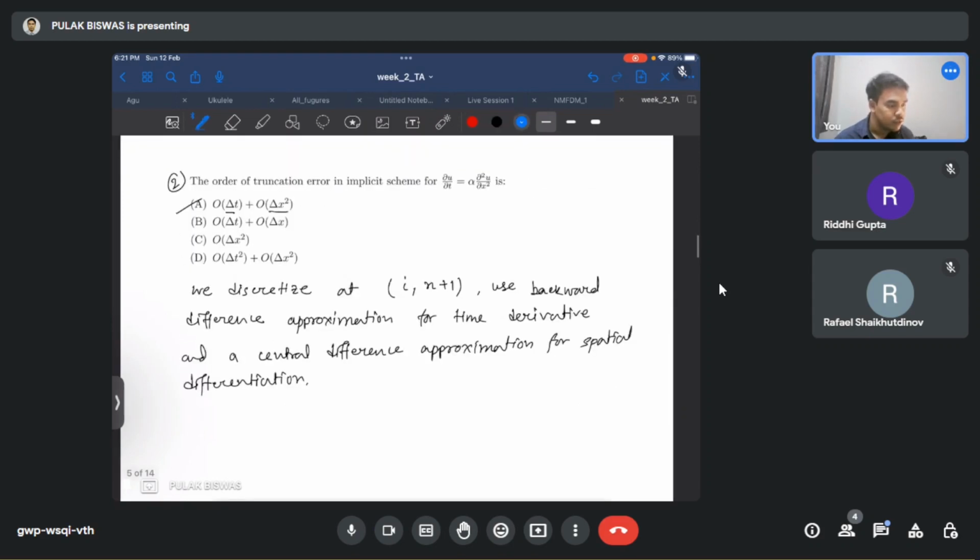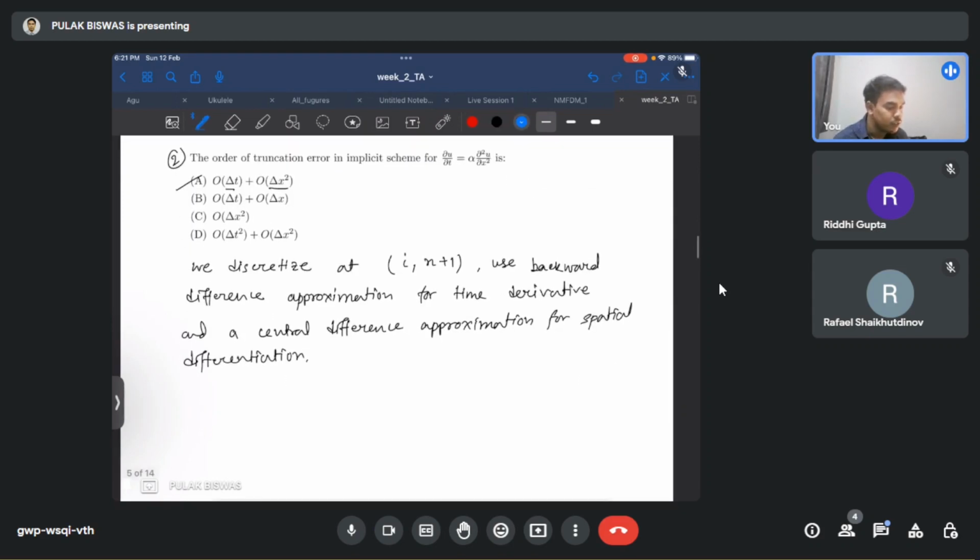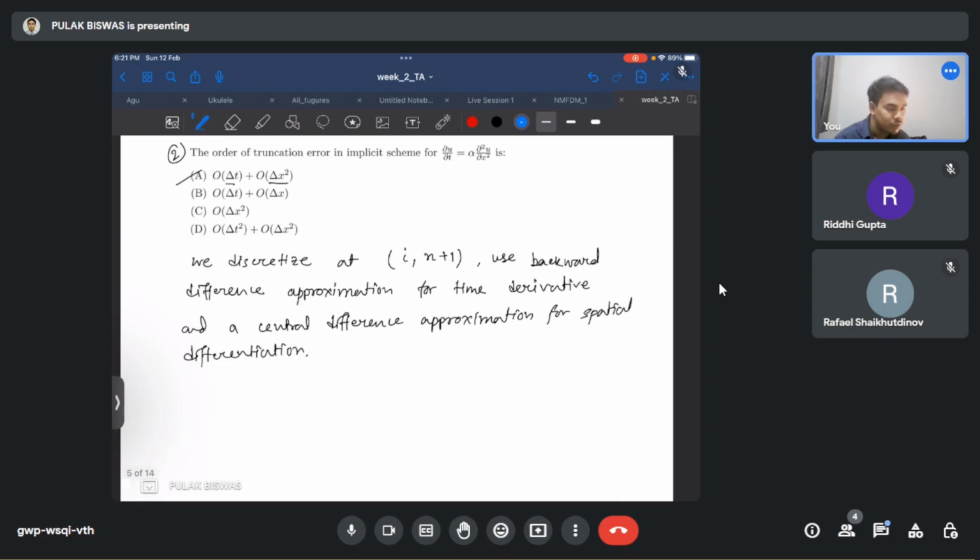Now if I write the scheme for this as well, what will it be for backward? Suppose I'm representing it with i and n: i for the spatial domain and n for the time domain.